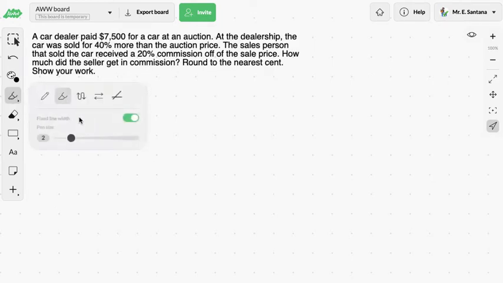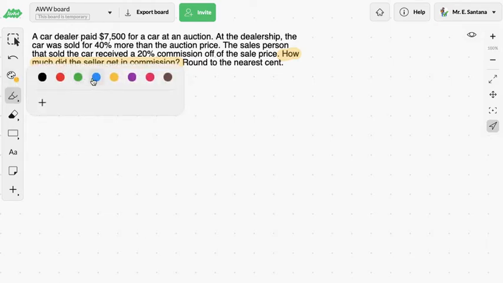Okay, so let's start with analyzing the problem. What you have here is: how much money did the seller get in commission? It doesn't say money, but it's referring to money because this is a money type of problem. And when someone gets commission, they're getting paid.